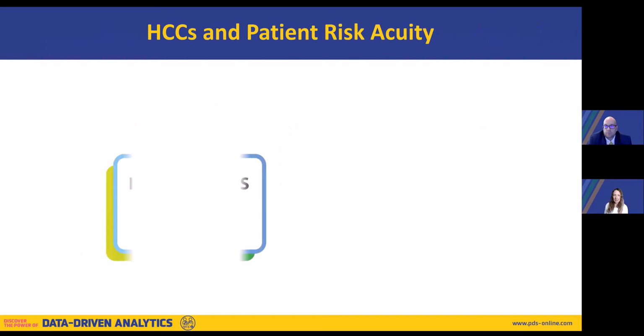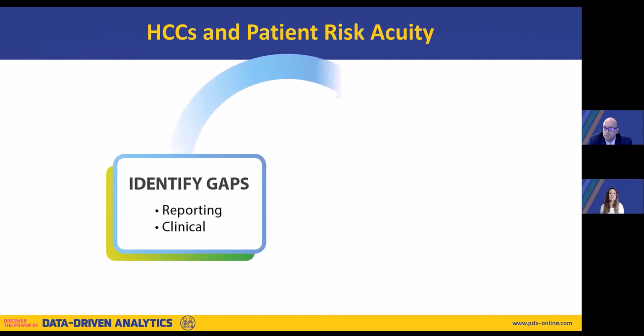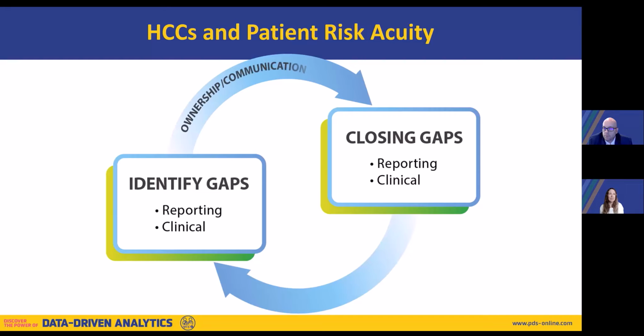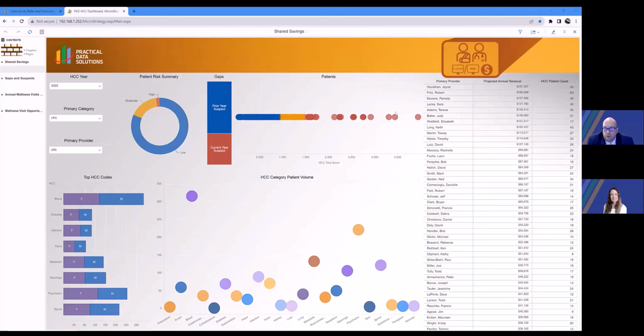And as we talk about HCCs and patient risk, it's really about being able to identify specific gaps with our patients like Bob. We need to have that good reporting to identify and be able to close those gaps on an ongoing basis. So let's take a quick look at a potential visual that you could utilize for HCC risk scoring.